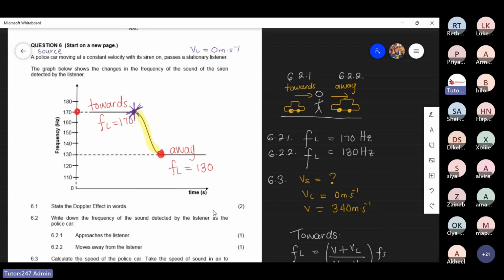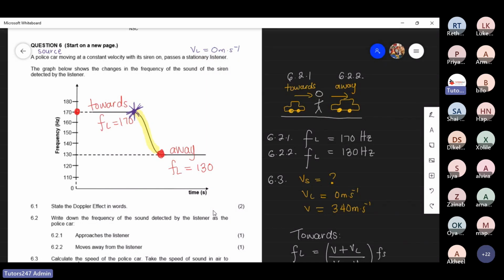Now, when this police car is driving past you, there's two situations that are taking place. Situation number one is as this police car is moving towards you, you are going to detect a louder sound. Therefore, it is going to have a higher frequency as detected by the listener. The second scenario is when this police car passes you and now starts to move away from you, you are now going to hear a lower or a softer sound.